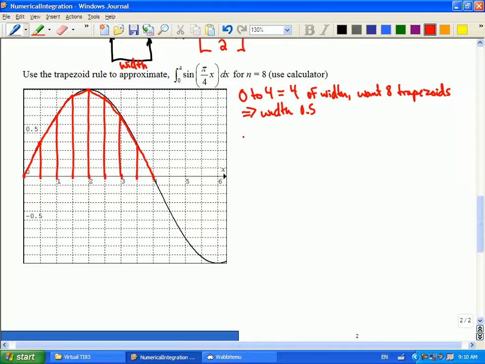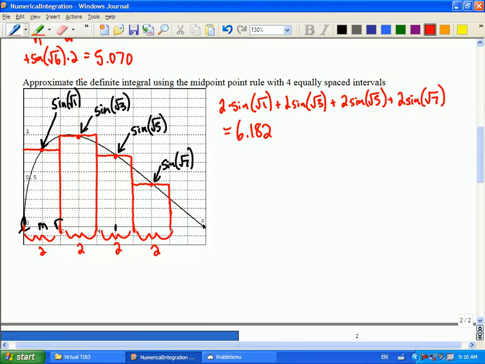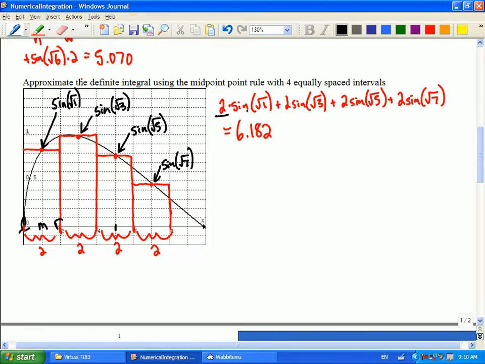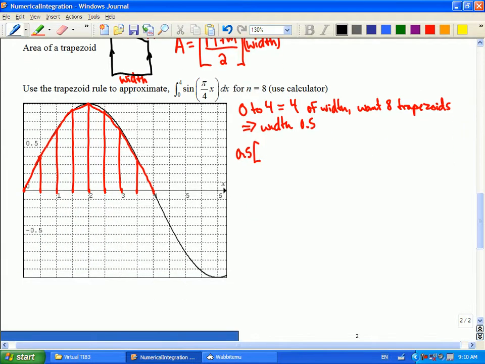The width of each one is 0.5, so I might as well factor that out ahead of time. This only happens with equal width. Because I have the same width, I can factor it out, which saves you all those multiplications in a long calculation.